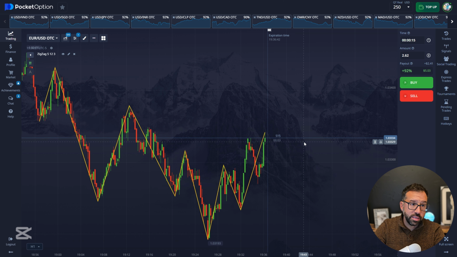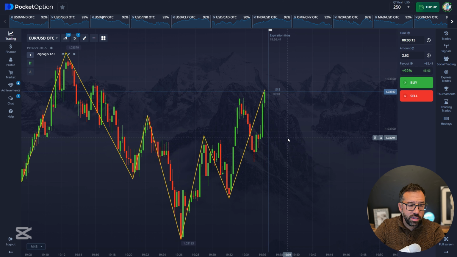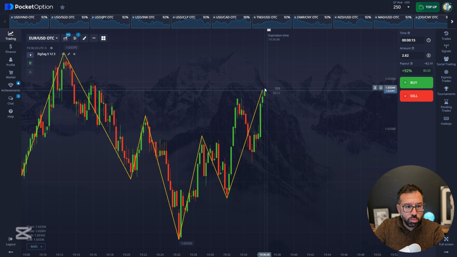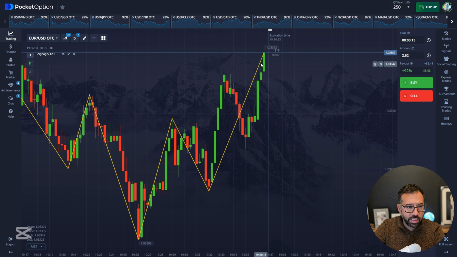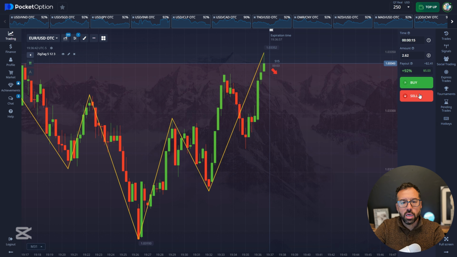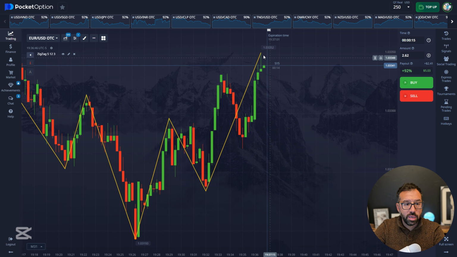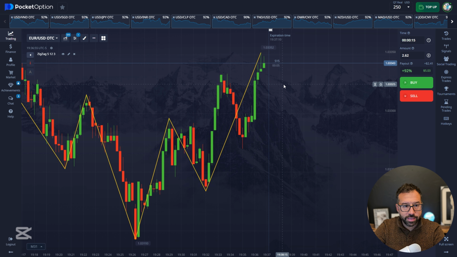You can either wait for this yellow line to be up, over, and outside of the candles. Okay, so when it's up, over, and outside the candle, we're gonna sell because this long wick, this green, should go red.